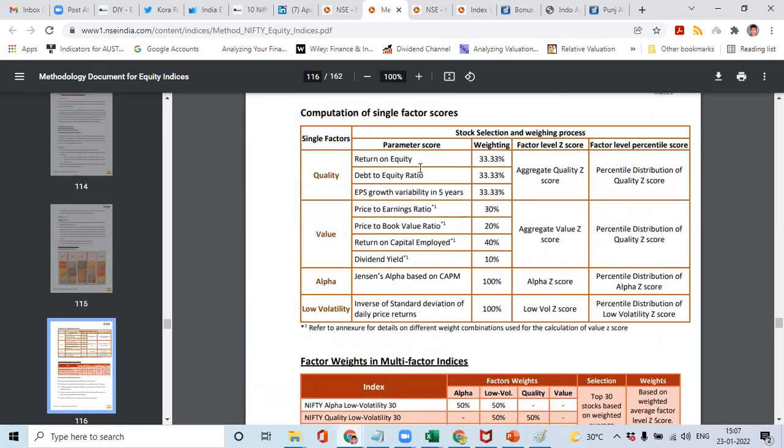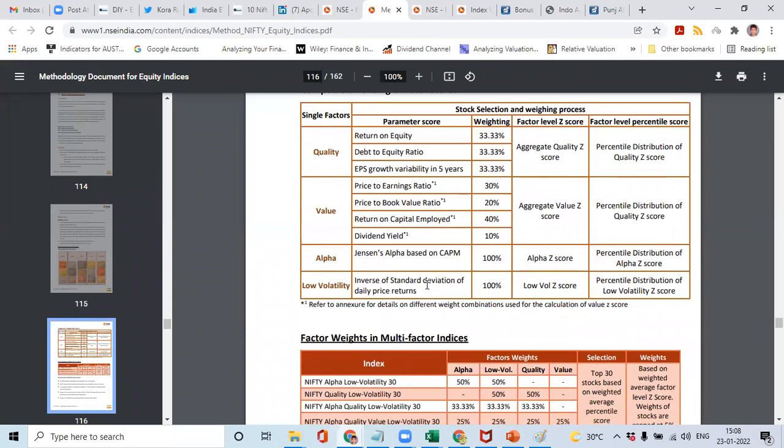Now, what does it do? This is alpha. So you calculate Jensen's alpha value of each stock, and you get an alpha Z score, and percentile distribution of that alpha Z score is the ranking mechanism, and select top 20. That's what it is. Now, how do we calculate Jensen's alpha?